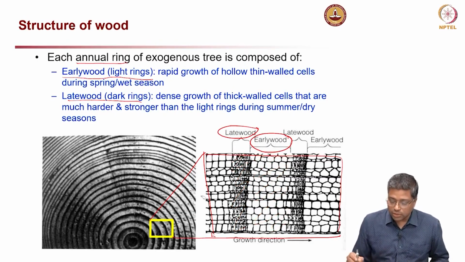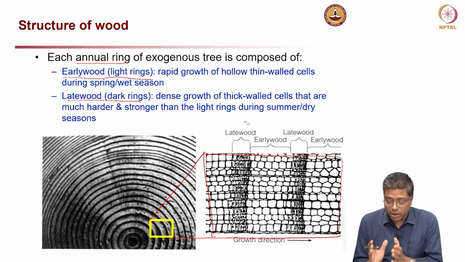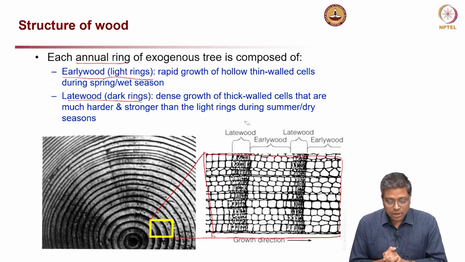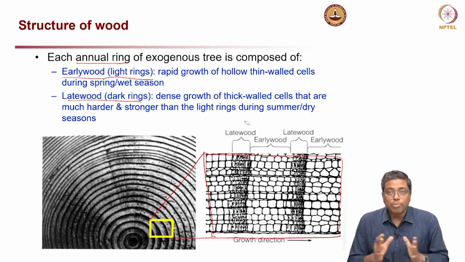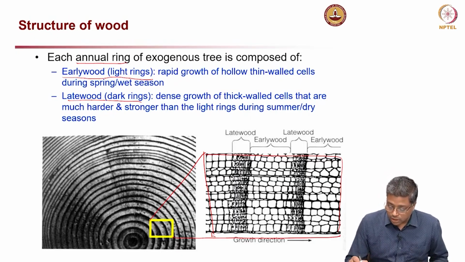So, that is clear. Two types of wood form the ring. Now, look at why this late wood and early wood. Early wood is a rapid growth of hollow thin walled cells. This is the early wood we are talking about.